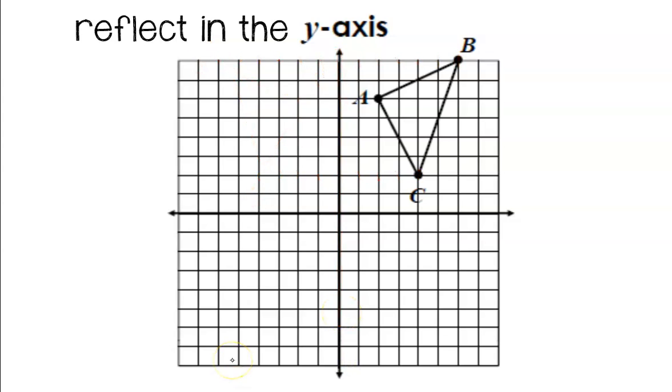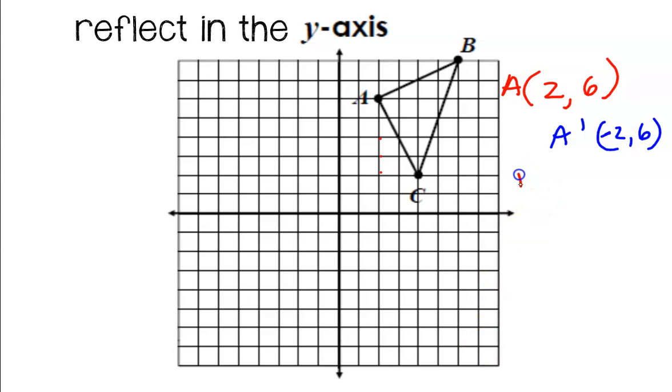Another way is to write down the original points. So the original point for A is 2, 6. So that means A prime, when you reflect over the y-axis, you change the x value.